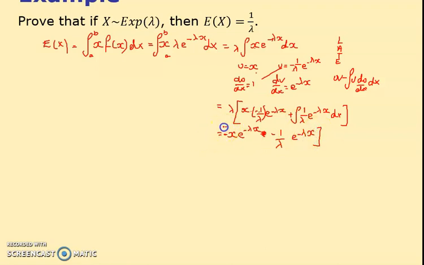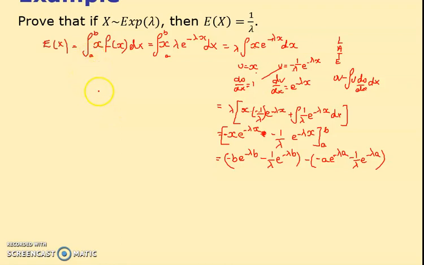Between a and b, remember this. So I can put b in: I get minus b e to the minus lambda b minus 1 over lambda e to the minus lambda b. Put the a in: minus a e to the minus lambda a minus 1 over lambda e to the minus lambda a. Now this looks pretty horrific until you think about it for a moment.